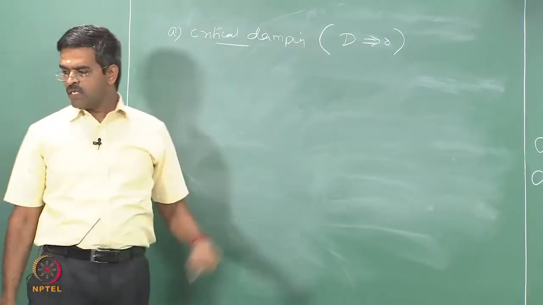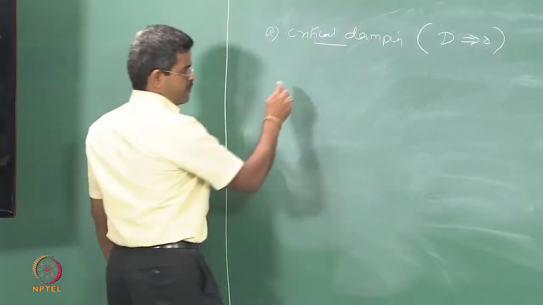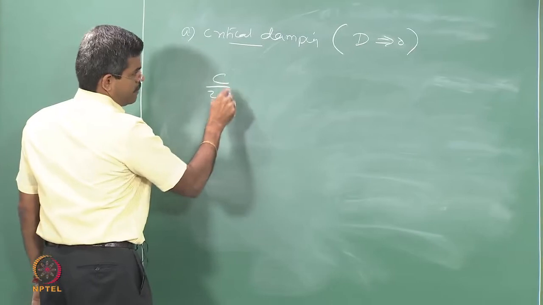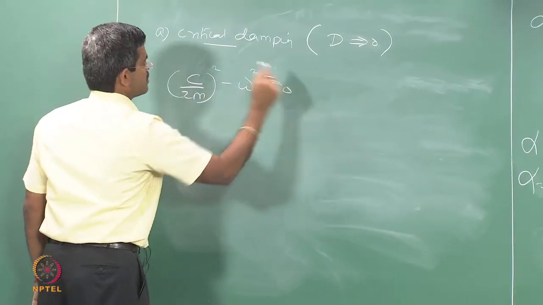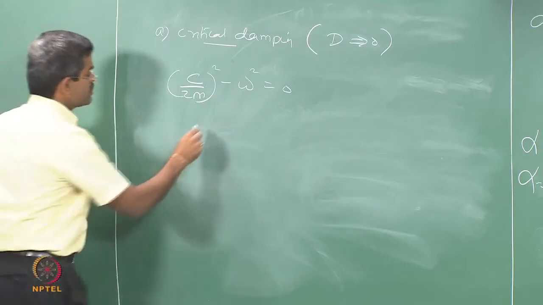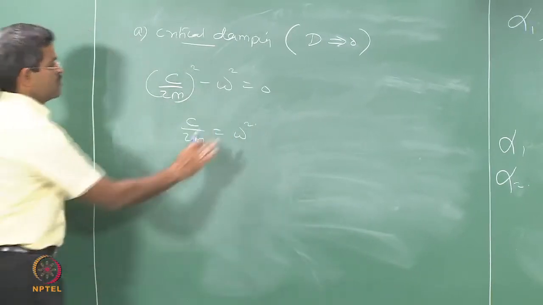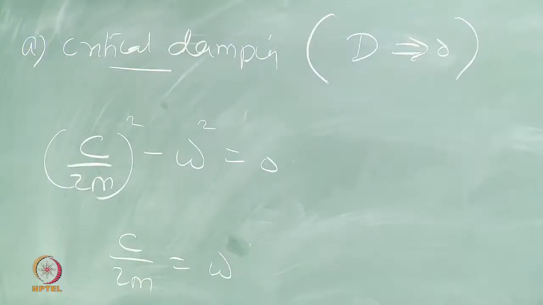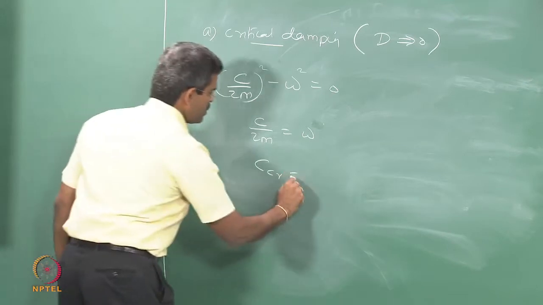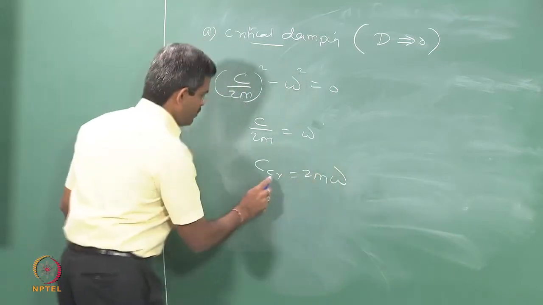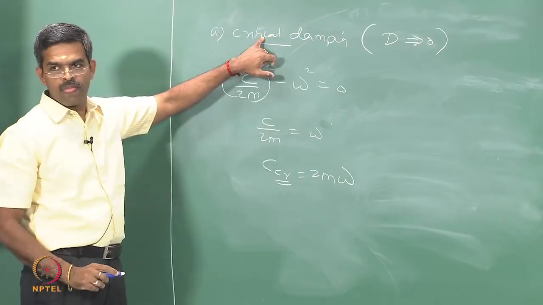The moment I say this, C by 2m the whole square minus omega square is set to 0. So, C by 2m equals omega. So, I should say C_CR is 2m omega. I am using CR indicating that it is critical damping.